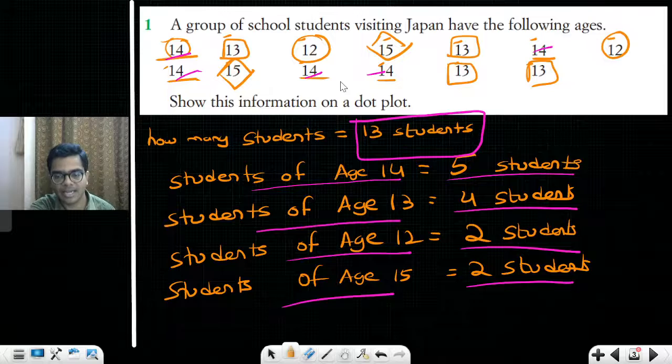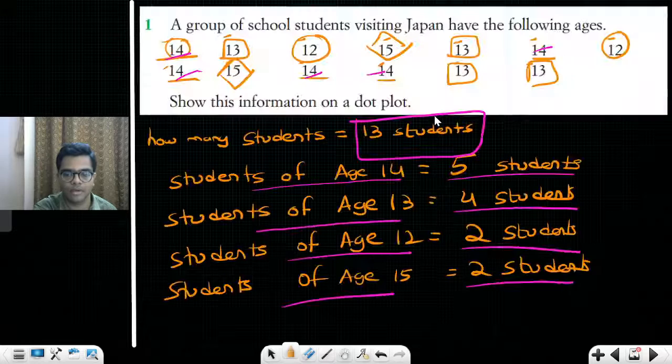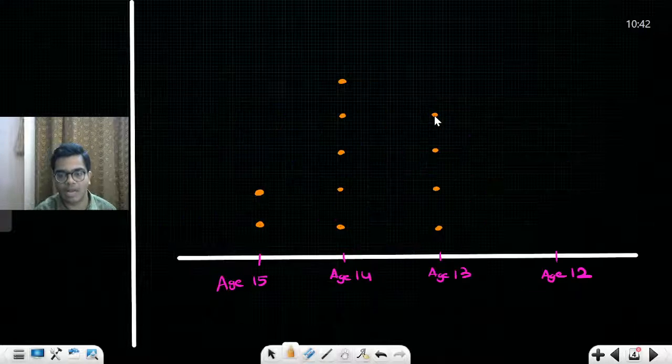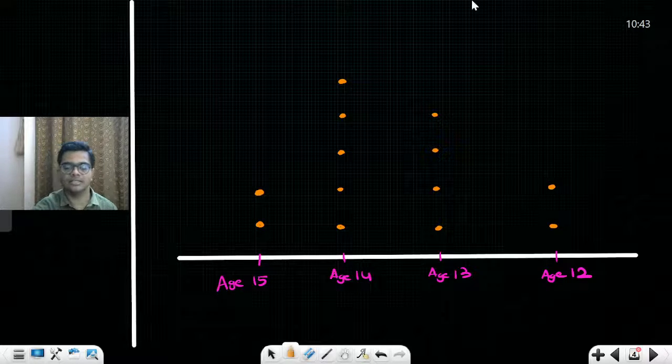Next, age 13, there are 4 students. Next, age 12, there are 2 students. Akshita, this is one way of representing the dot plot. Please write it down.